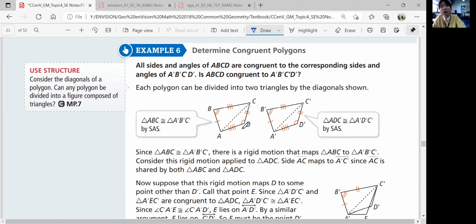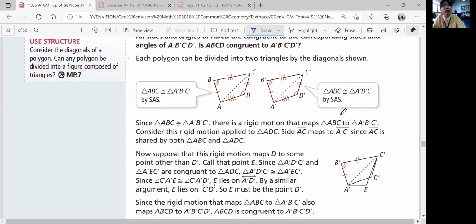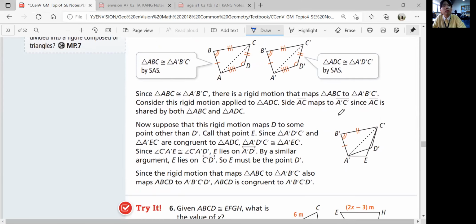quadrilaterals that are cut into two triangles. Triangle ABC is congruent to triangle ABC prime by SAS, right? And also, in the same way, triangle ADC is also congruent to triangle ADC prime. Since the two triangles are congruent, then yes, the quadrilaterals should be congruent, right?